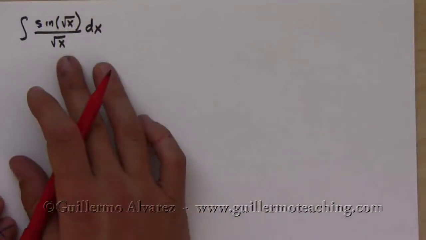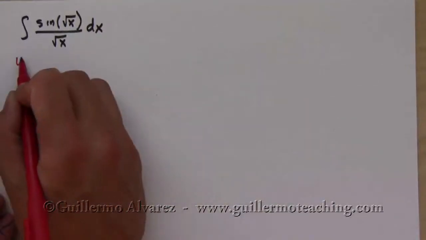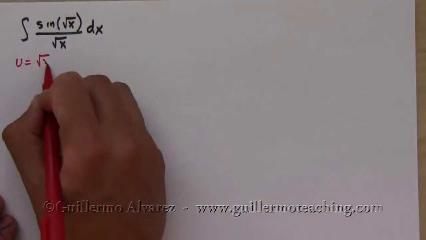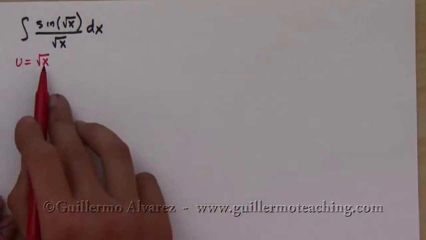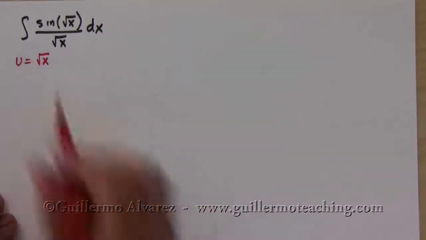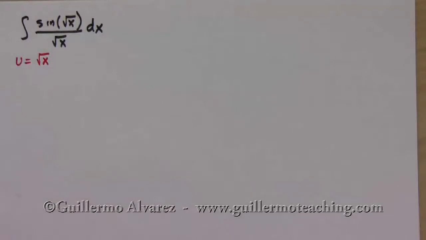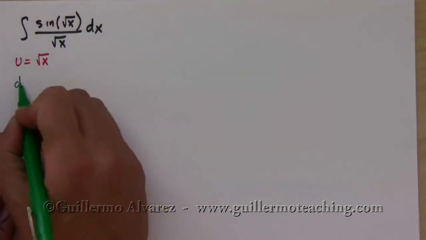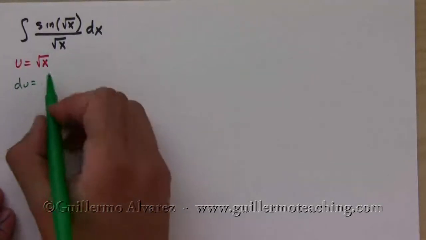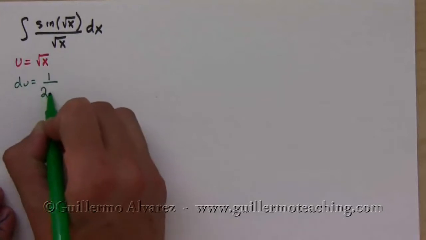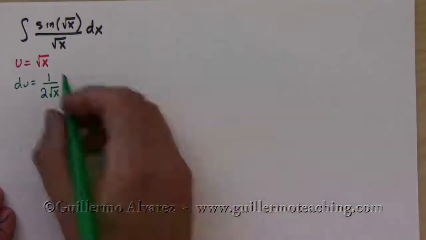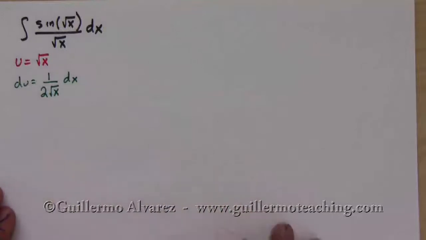We have this square root of x on the bottom, which looks kind of weird, but let's just start off with what our instincts tell us. So if u is square root of x, then du, the derivative of u, well, remember we have our little shortcut. The derivative of square root of x is just 1 over 2 square root of x. Then we're going to put the dx over here.